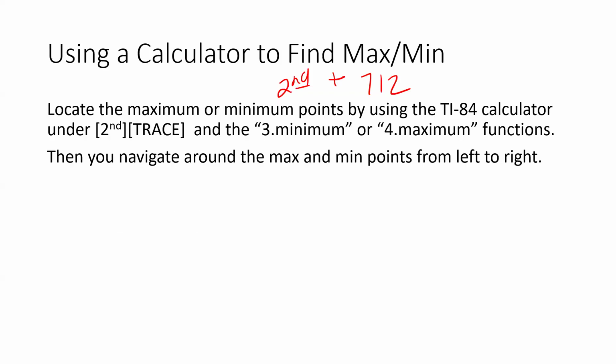I'm going to model it with handheld. It's what we first do to reset our calculator, and then second trace, and you're going to go to either 3 or 4 for your max or min. All right, are we ready to practice?